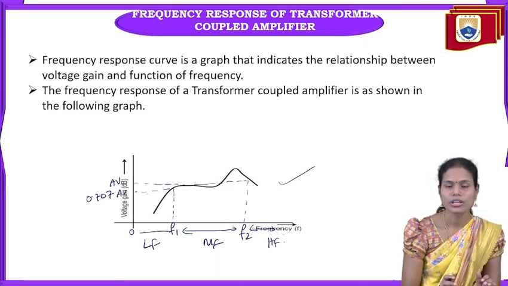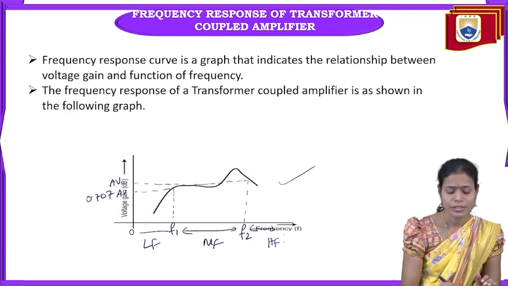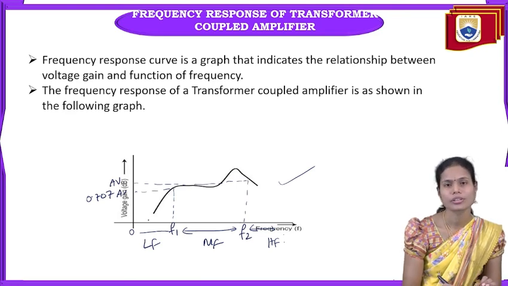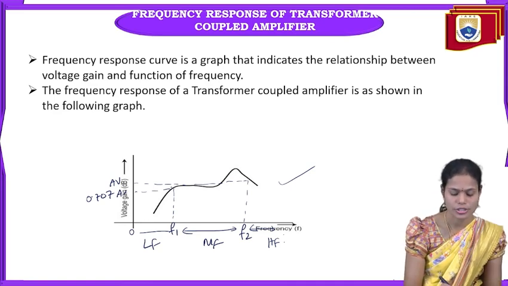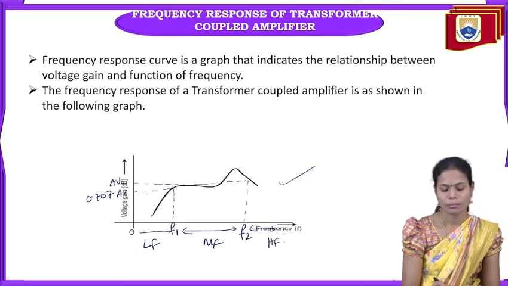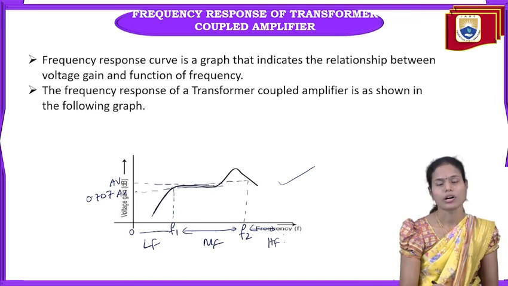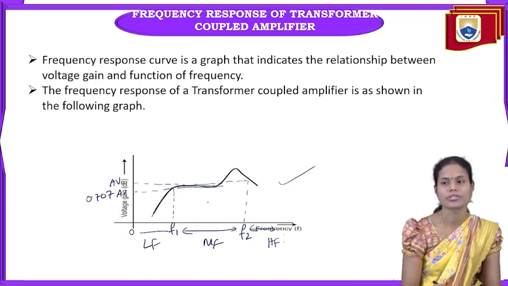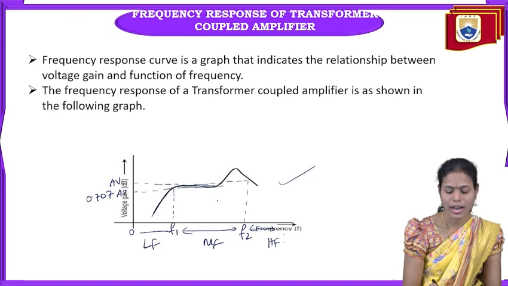If you take the low frequency range of signals, the gain is reducing here. In the case of low frequency signals, the gain is reducing, so that's why it is in decreased form. If we take the mid frequency range, we get almost constant voltage gain. But in the high frequency range of signals, the gain is reducing.